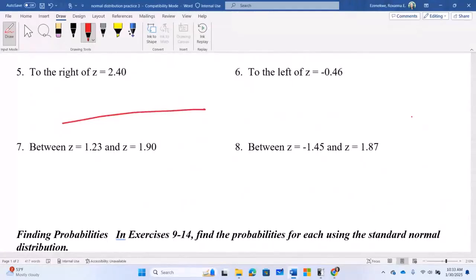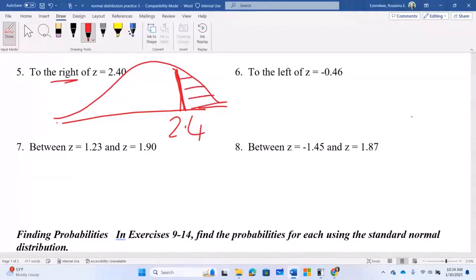All right, so I'm trying to draw a normal curve for number 5. It says area to the right of 2.4. So 2.4 is somewhere at the right-hand side of the normal curve, I mean the mean. So that point is 2.4 right here, but it says area to the right. It means it is area to the right side.